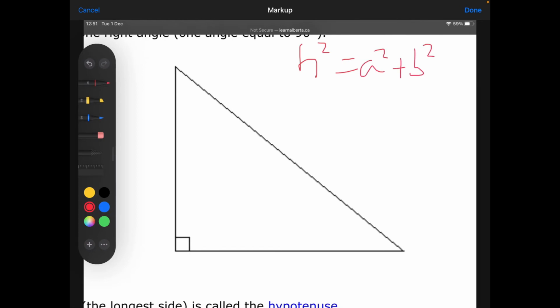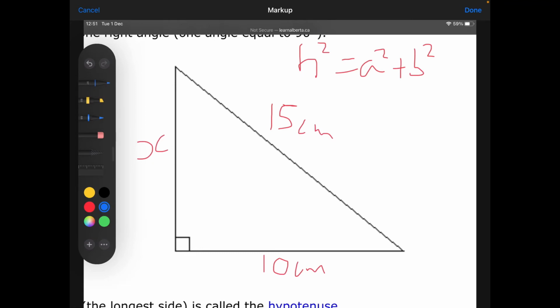Let's assume that now they tell me the length of here is 15, that's the hypotenuse, always the longest side, always opposite the right angle, and this one here is 10 centimeters long, so this is going to be all in centimeters, and I've got to find that length there. I'm just going to apply Pythagoras theorem and substitute in there.